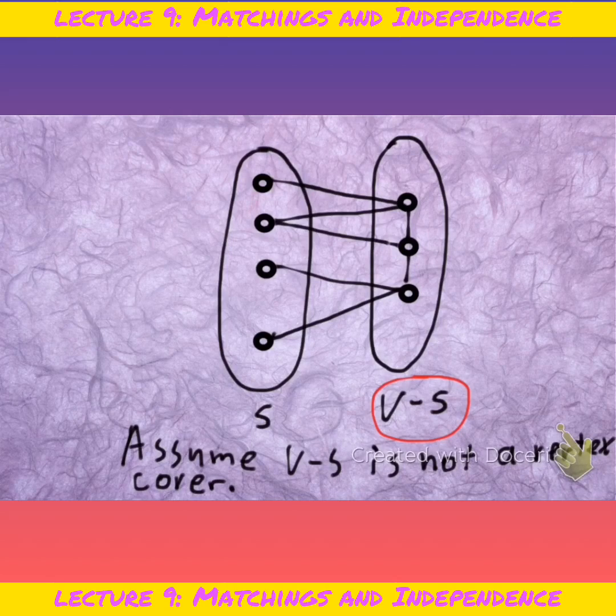It means that if it's not a vertex cover, there's an edge that is not covered. So there's an edge that's not incident with any one of the vertices in V minus S. So the only place that this edge can lie is it must then lie between two vertices in S, which is impossible because S is independent. So definitely V minus S is a vertex cover.